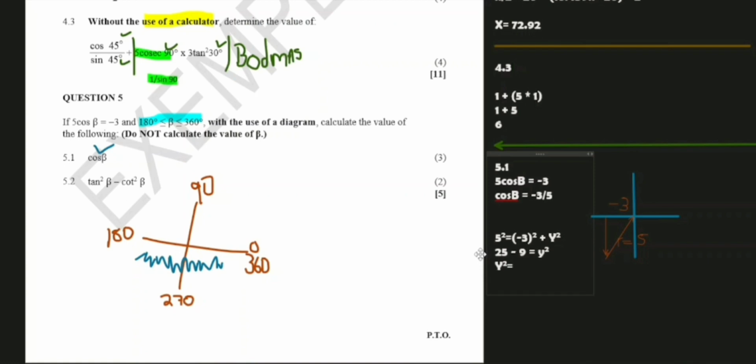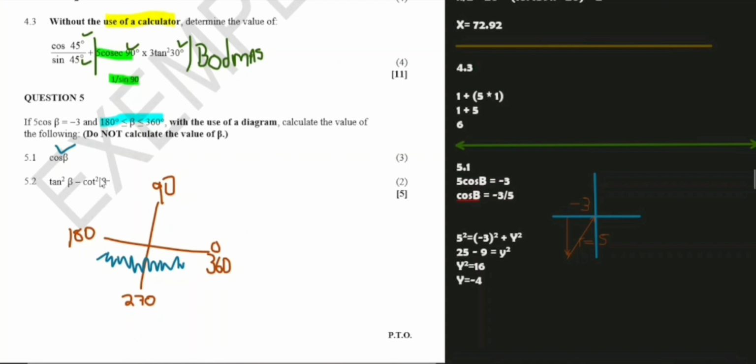So that means y squared is 16 and y is 4. But we said that using this diagram, y is negative. So that means y is negative 4.